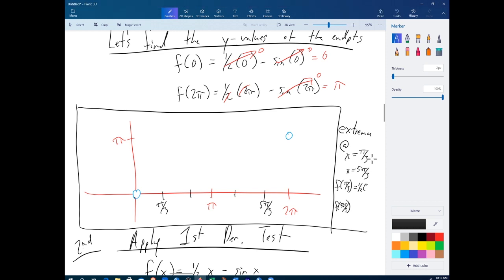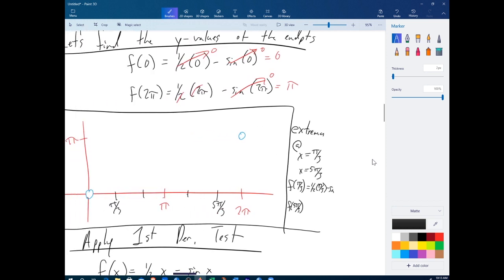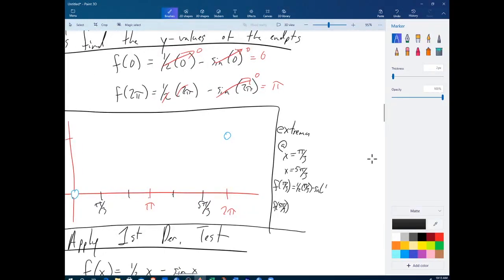So 1/2 times pi over 3 minus the sine. Give myself a little more room. Of pi over 3. Don't worry about getting this exact, although I could see us probably wanting a calculator for this, because we're going to be adding things with pi's to things without pi's.